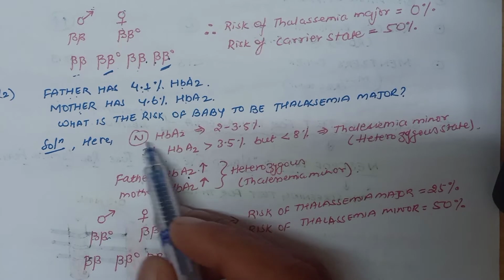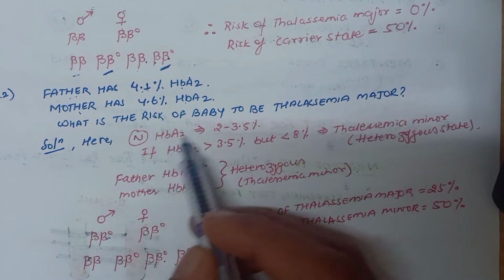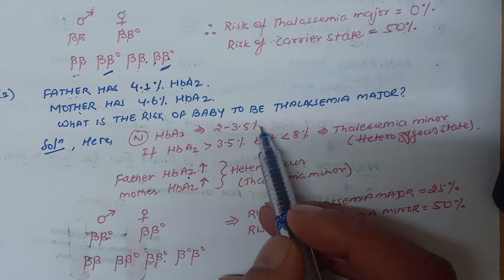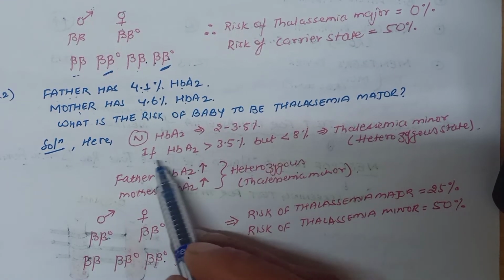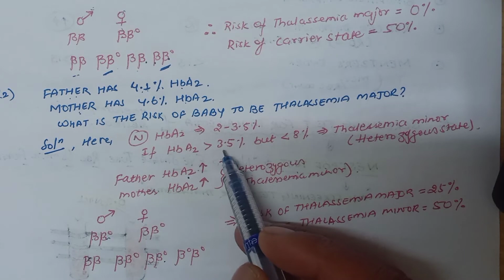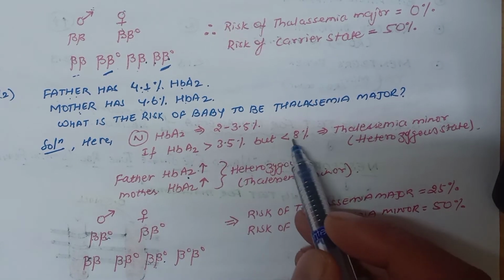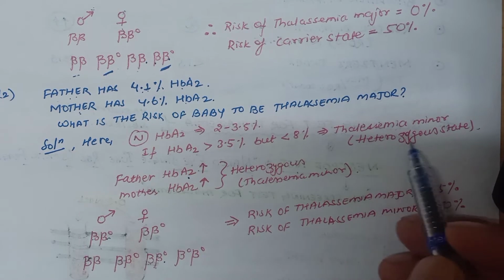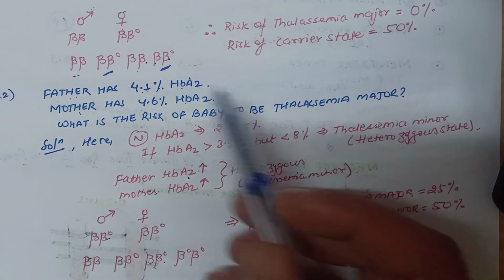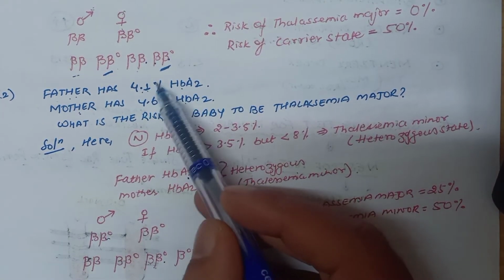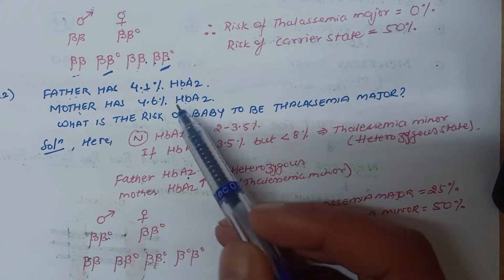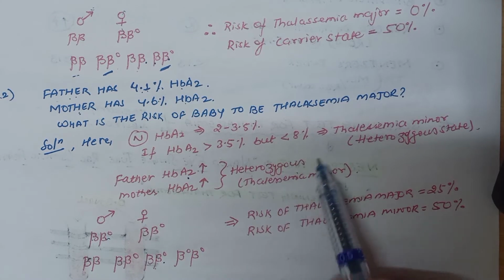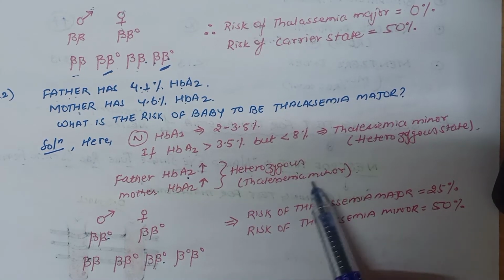Here we know the normal value of HbA2 is in the range of 2 to 3.5%, and if HbA2 is more than 3.5% but less than 8%, then it is thalassemia minor, that is, heterozygous state. In this question, both father and mother have increased HbA2 levels, that is, both are heterozygous thalassemia minor.